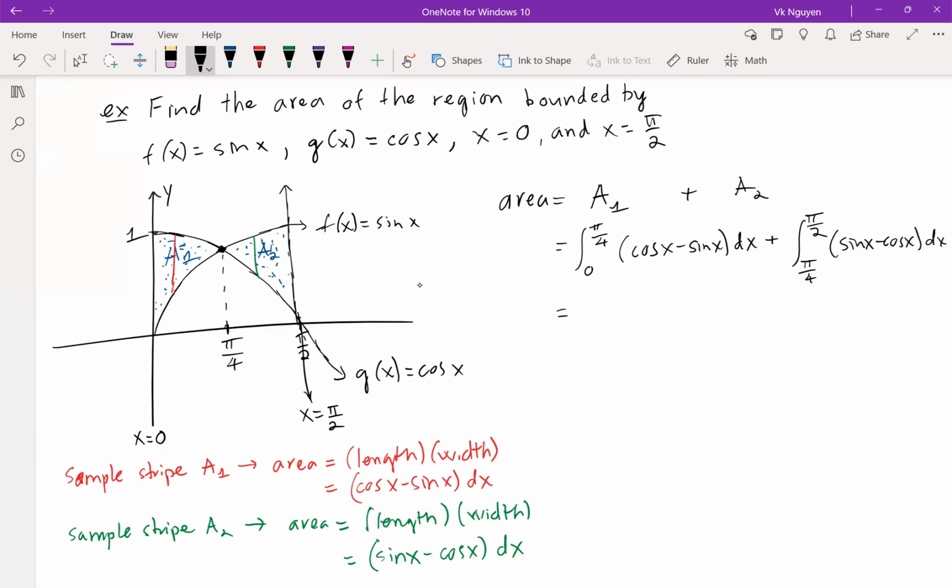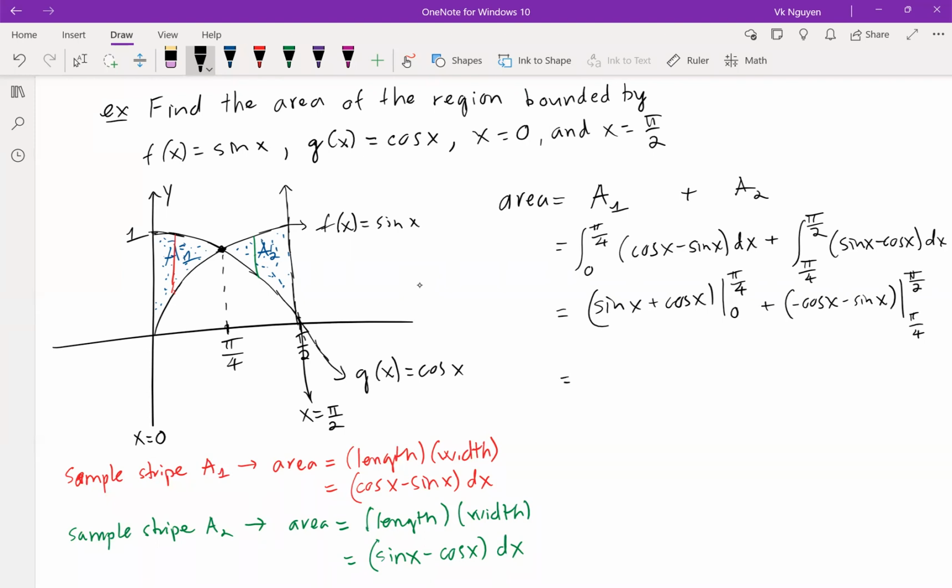The antiderivative of cosine is sine. Antiderivative of sine is negative cosine, so plus cosine x. Evaluate from 0 to pi over 4. Antiderivative of sine is negative cosine, and of cosine, sine. Evaluate from pi over 4 to pi over 2.